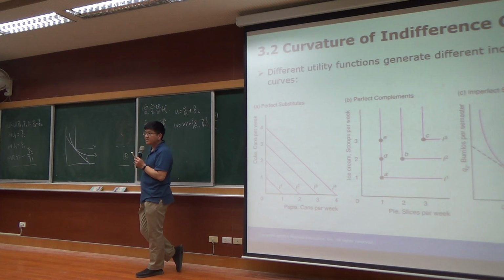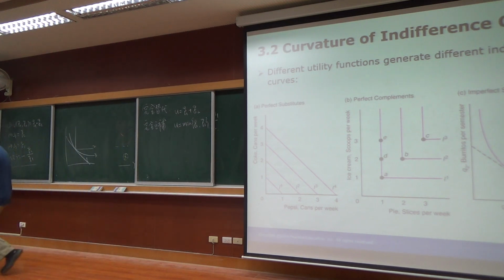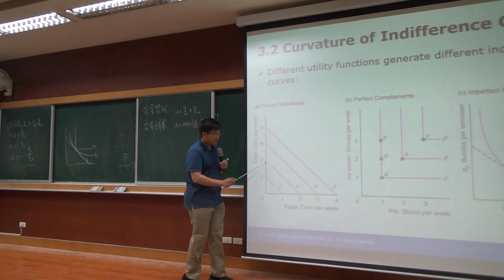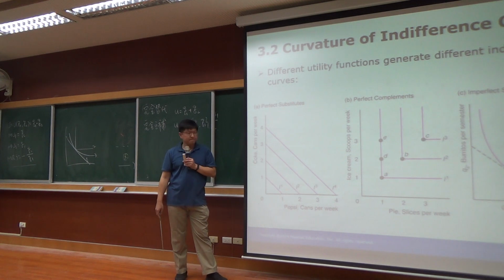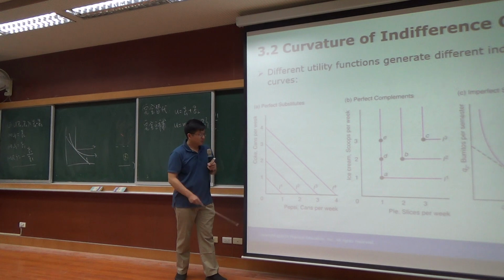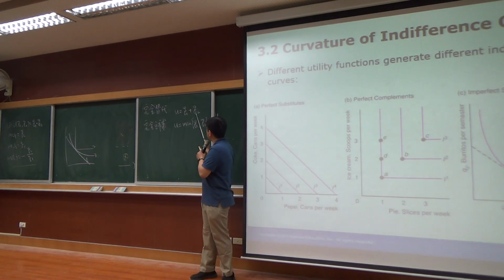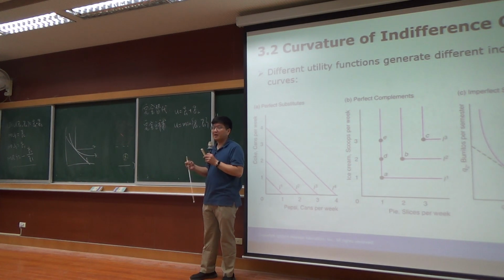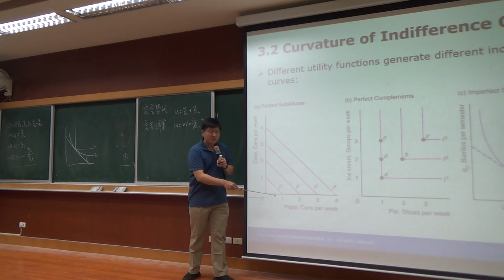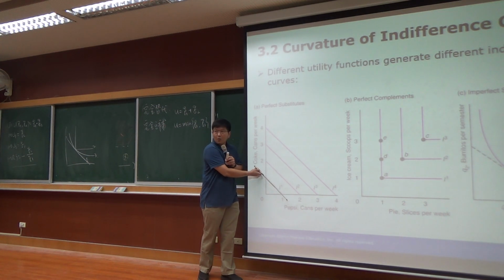Is that clear? And if this is the negative 45 degree line, it's 1, 1, 2, 2, 3, 3, 4, 4, which means the points 1, 0 and 0, 1, their sums equal 1. So the utility level for this indifference curve would be 1.